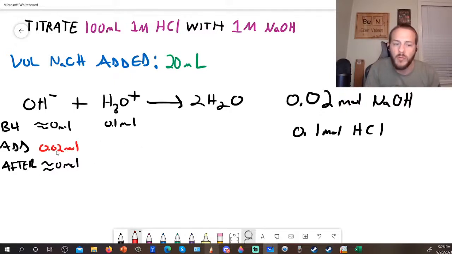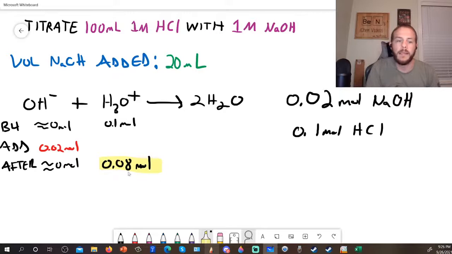That's all going to be neutralized, leaving us with the original amount of hydronium minus that 0.02 moles. So if we have 0.1 and we subtract 0.02 moles, we end up with 0.08 moles of hydronium ion, right?